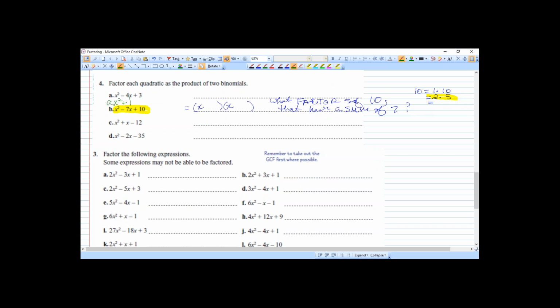I'm back at the problem, on the left side here. This is the format of a quadratic trinomial. Notice we have ax squared, and the c is always on the end. So you take the a and the c and multiply them. That's why we call this the AC method.